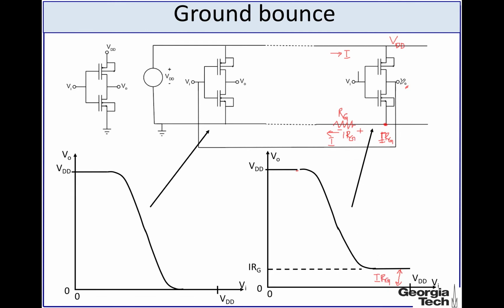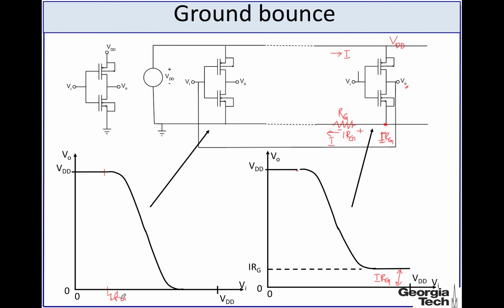Now think about what will happen. This output feeds to the input of this inverter. Because this inverter is closer to the power supply voltage, it doesn't have any resistance in the source or the drain. And essentially what will happen is that as it feeds this output, when it's supposed to feed a 0 voltage, it will actually feed a voltage which is equal to IRG. This is one of the ways an input, rather than being 0, becomes larger than 0.